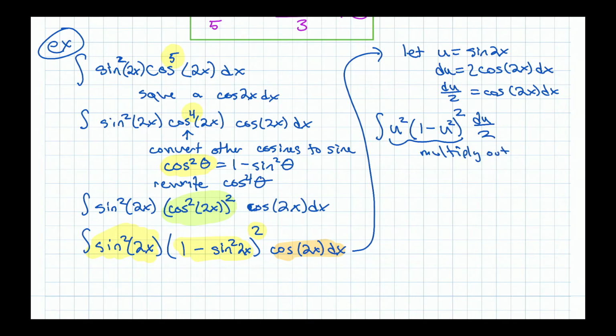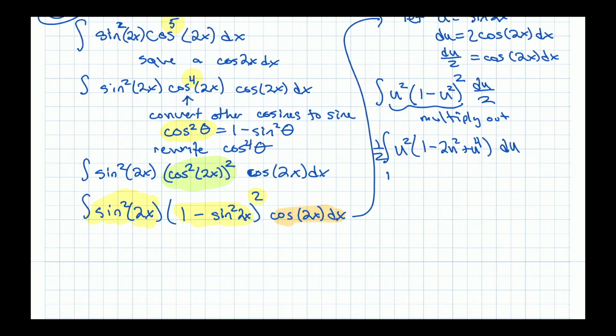So you multiply this all out, you're going to get the integral, keep the u squared there. This just needs to be FOILed, so it's going to be 1 minus 2u squared plus u to the fourth, and then du, and I can take the 1/2 out in front. So I have 1/2 integral.